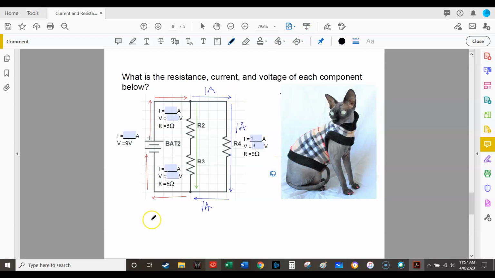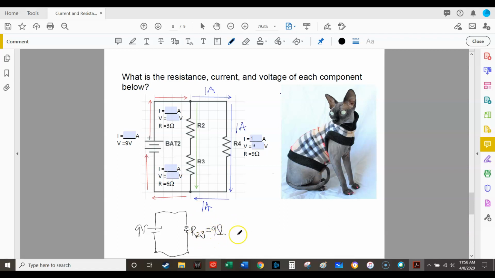So what I'm going to do is just draw a little itty bitty drawing right here, and this is going to be R2 and R3. R23 is going to be R3 plus R2, which is going to be 9 ohms.